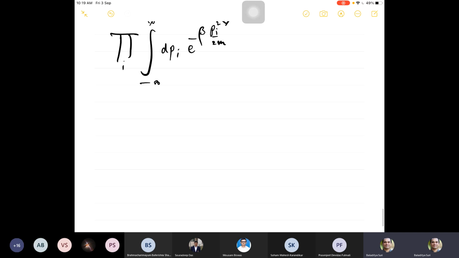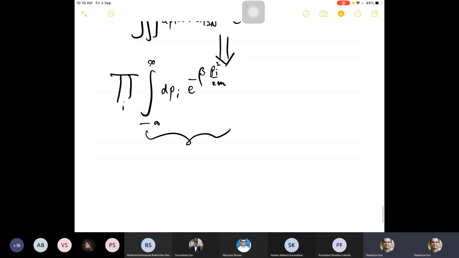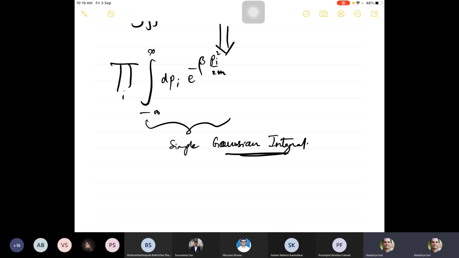Now this integral here is one of the most important integrals that you should know in physics. This is a simple Gaussian integral, which can be evaluated quite easily. It is e to the power of minus (x minus mu) squared by 2 sigma squared.